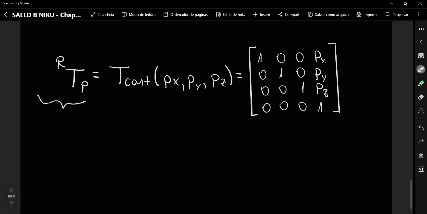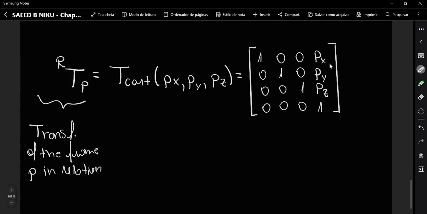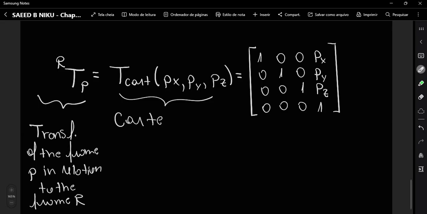That is a transformation of the frame P in relation to the frame R. And this is a Cartesian transformation.